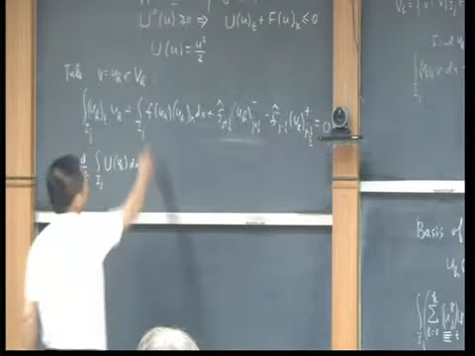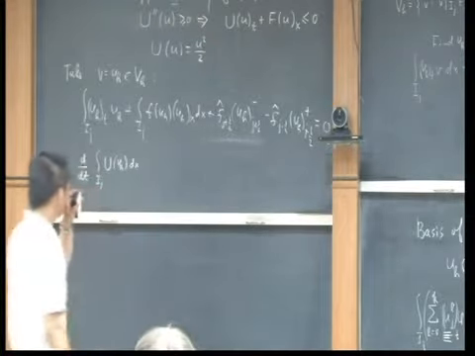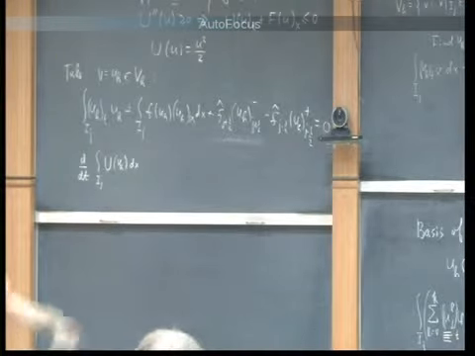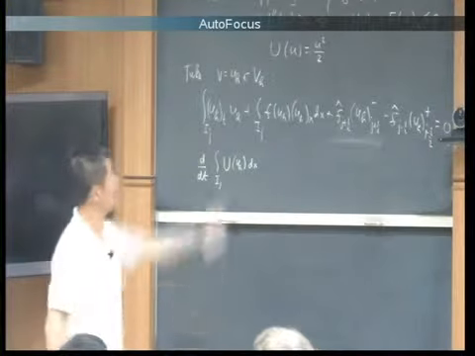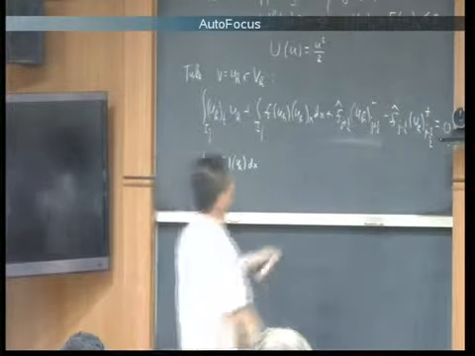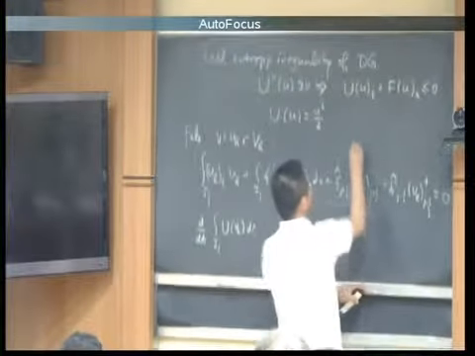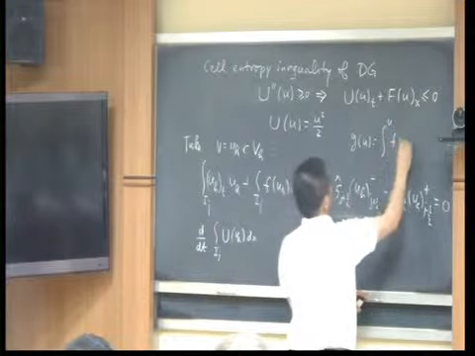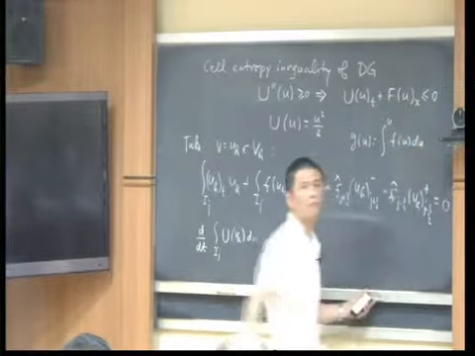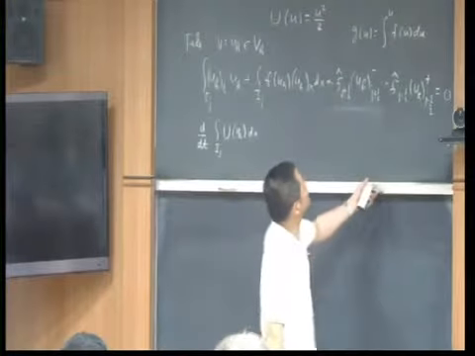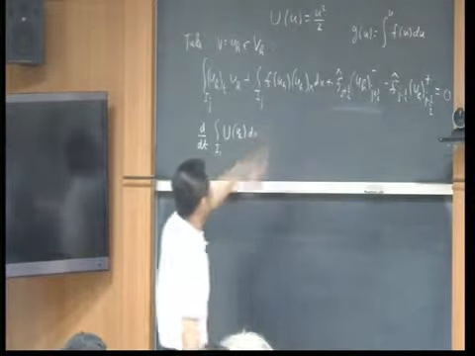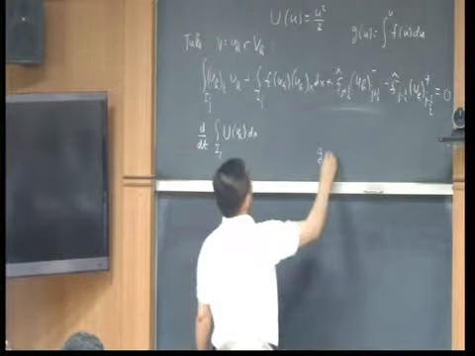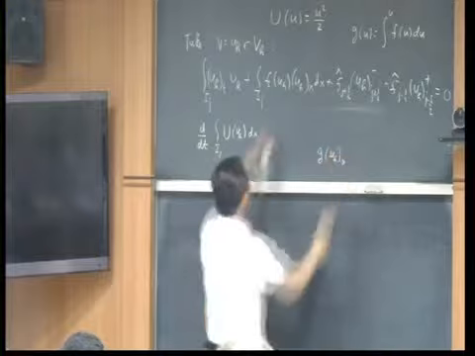So let me see this guy. This guy, I don't like it because it's an integral over the cell. I want everything to be on the boundary because I want to mimic that inequality. But it's not a big deal because I could define this function G of U to be the integral of f of U, the primitive function of f of U. So then this guy is just G of UH sub x, no?